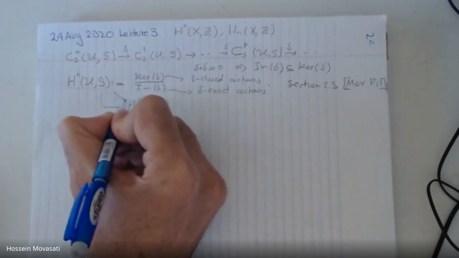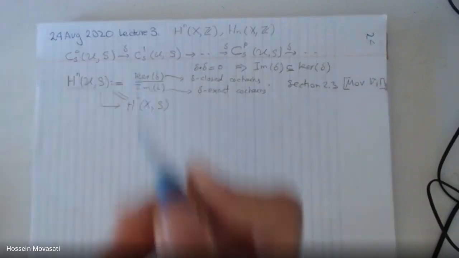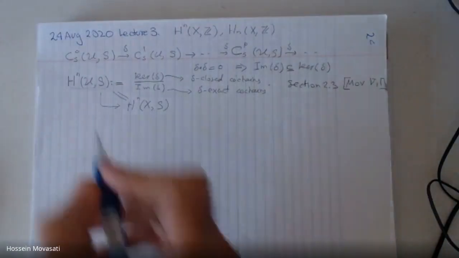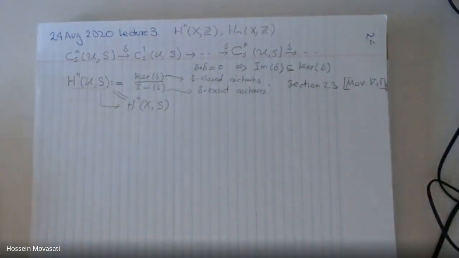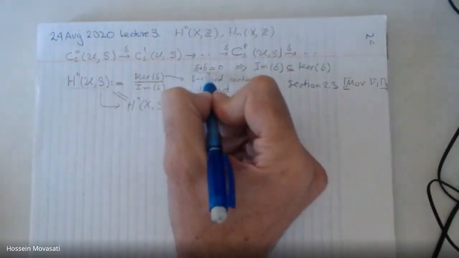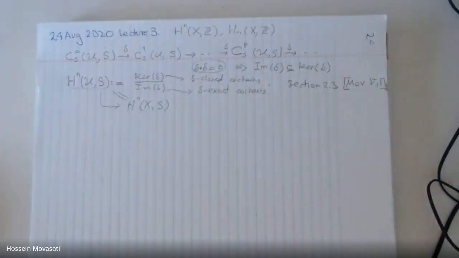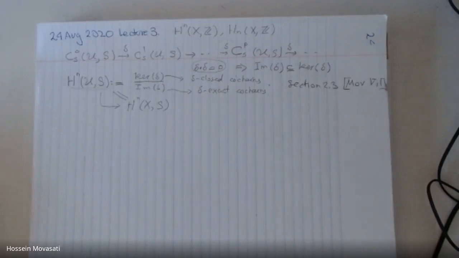I want to make this notation equal to this one, but at the end there is U, and apparently my notation depends on U. Before doing this, let's review a little bit the statement that delta composed with delta equals 0. This is a classical statement.